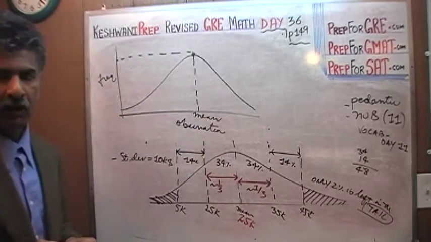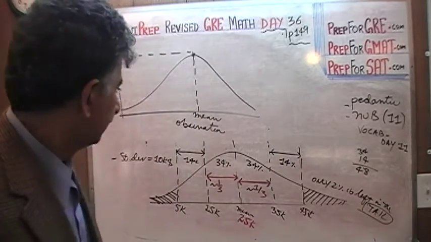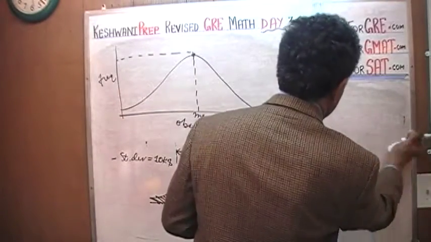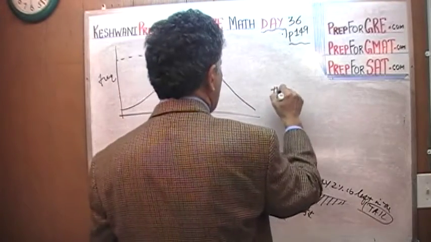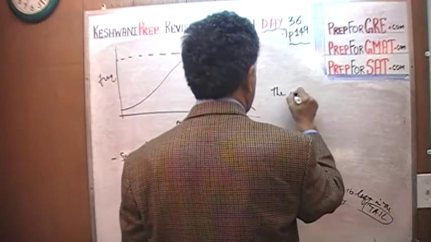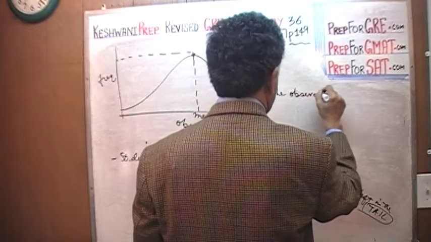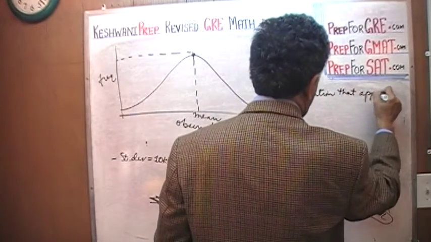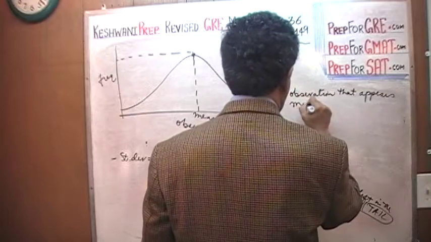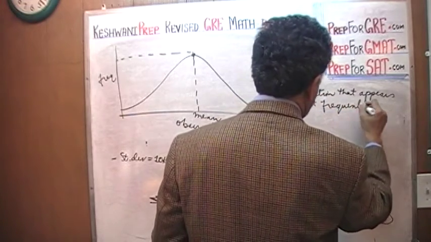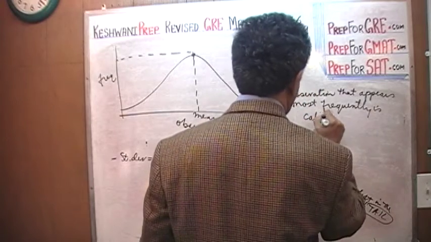But what do we call an observation that appears most frequently? It is called the mode.